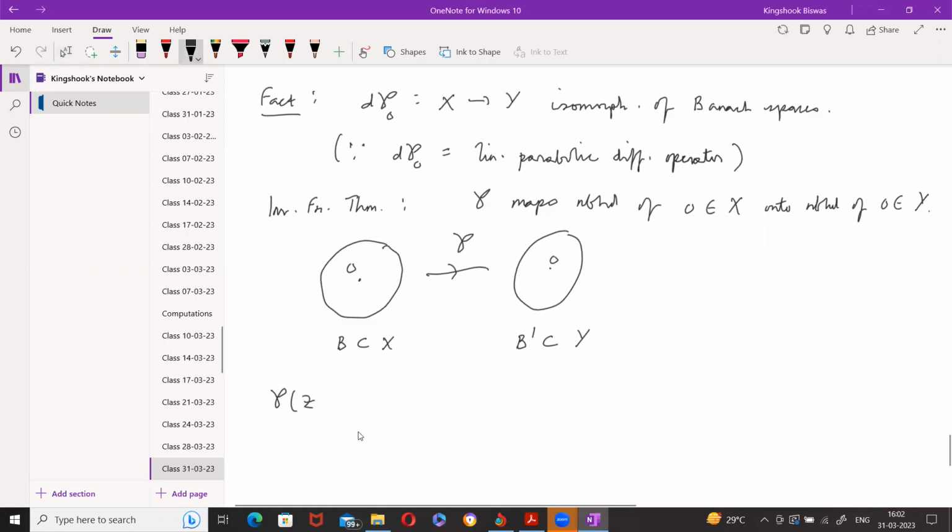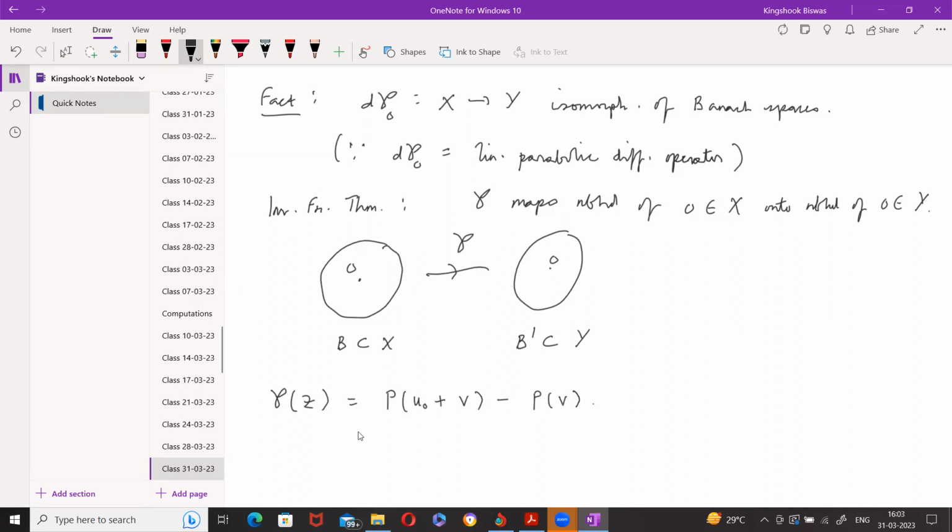So I have this nonlinear map. Script P of Z is equal to capital P of U naught plus V minus capital P of V, right?